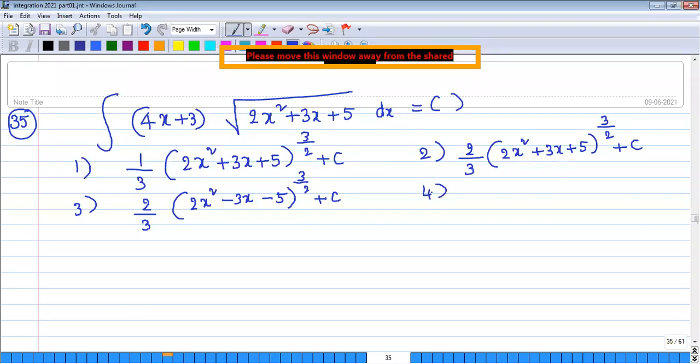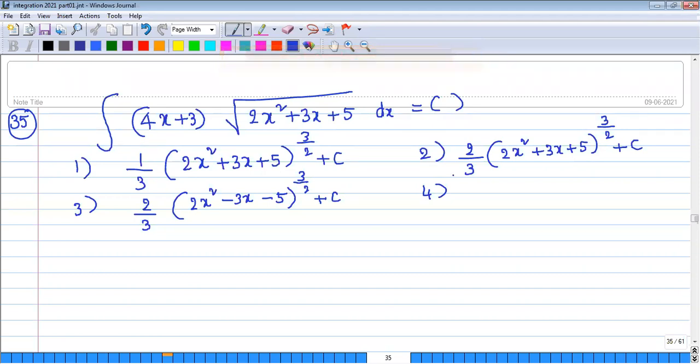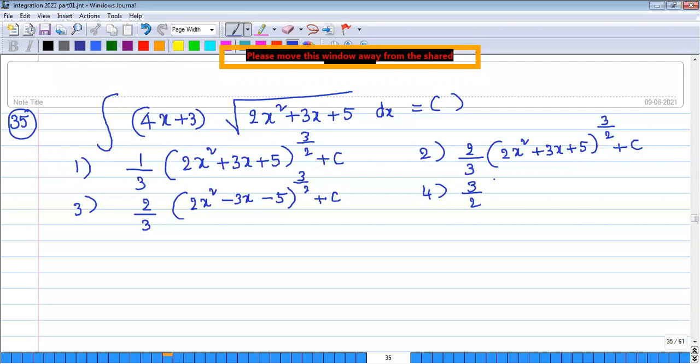Fourth one, 3 by 2, (2x square plus 3x plus 5) whole to the power of 3 by 2 plus c.